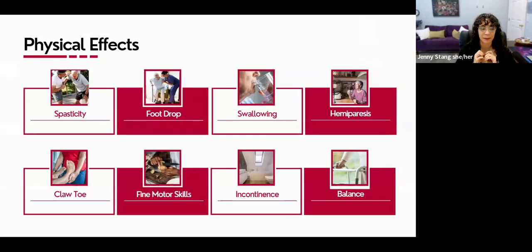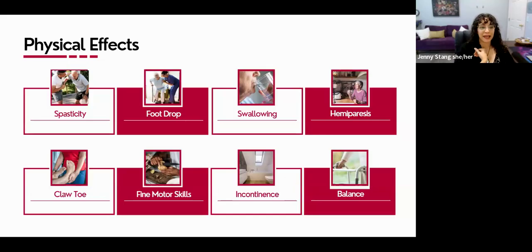So there's something called spasticity. This is a common post-stroke condition, and it causes stiff or rigid muscles. Okay, so when a muscle involuntarily contracts when you move, it can commonly affect the elbow, the wrist, and the ankle.